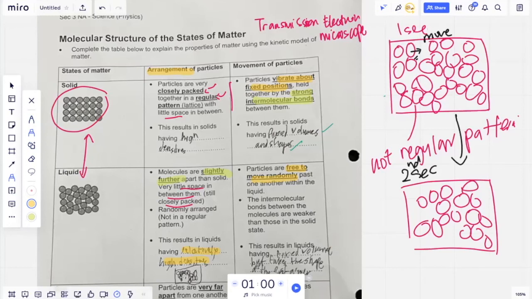Then there are still forces in between, like my green dotty lines that I drew. They still have intermolecular bonds in between, but these bonds are weaker than those in the solid state.